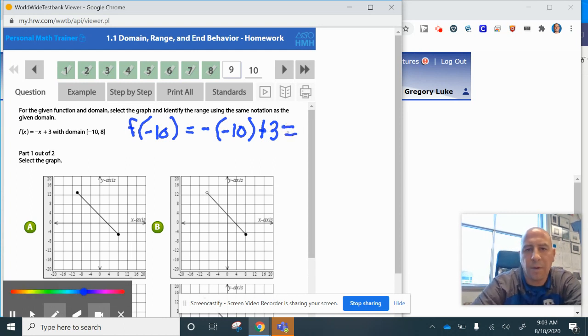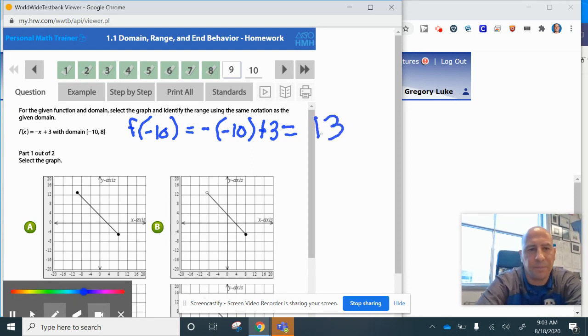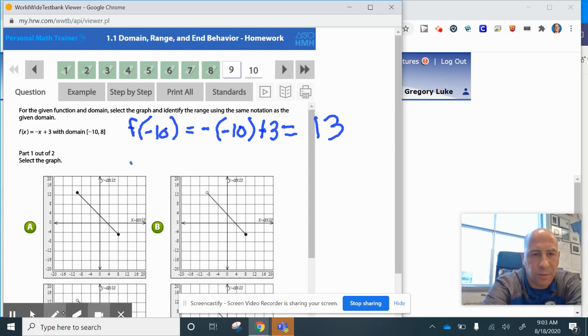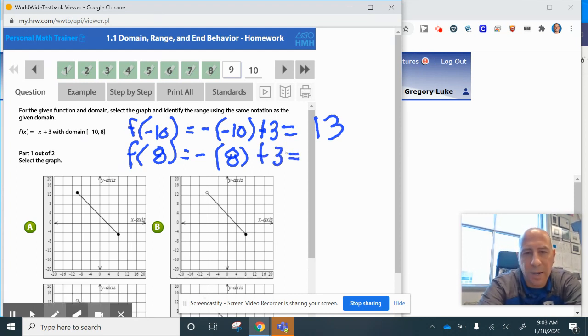A negative times a negative is a positive, so it's positive 10 plus 3, which is 13. So your range value is 13. Now let's do f of 8. That equals negative 8, you're plugging in 8 for x, because x is the domain, plus 3. So that's -8 plus 3, which equals -5.